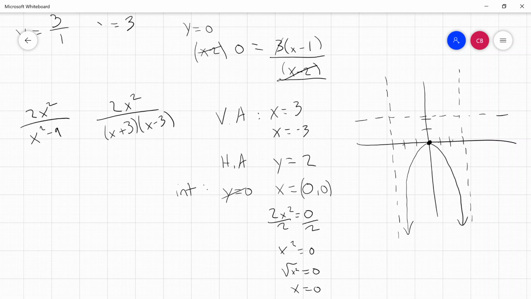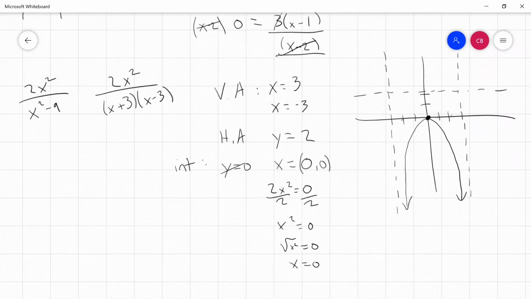If you don't believe that, if that doesn't help, let's try plugging a -2 into this and see if it's a negative or positive value. So let's do 2 times -2 squared over, we have -2 plus 3, -2 minus 3. And we're just going to check if it's positive or negative.